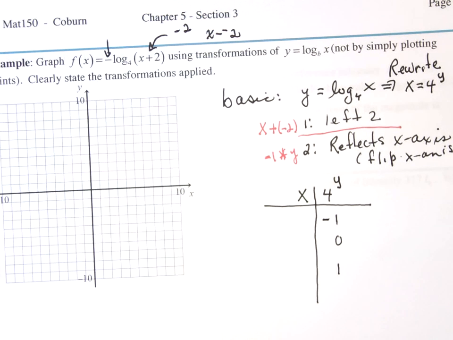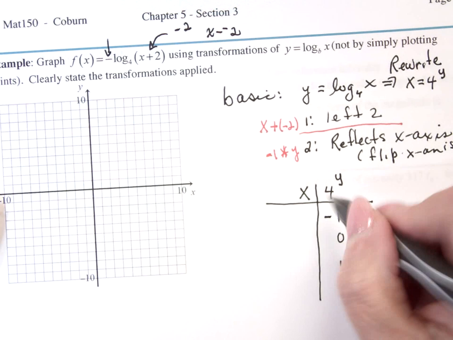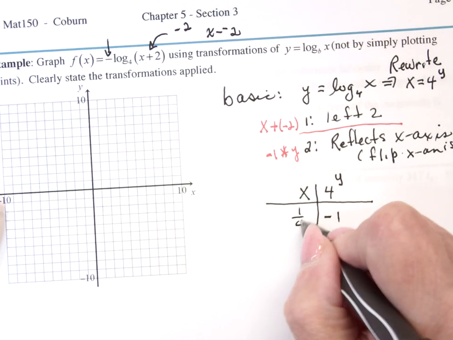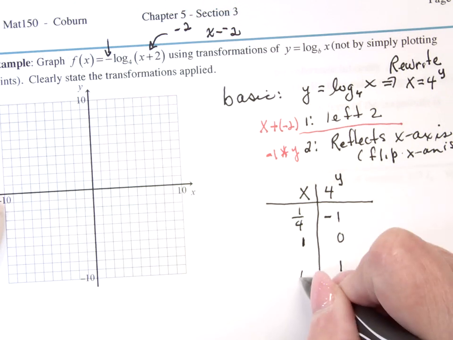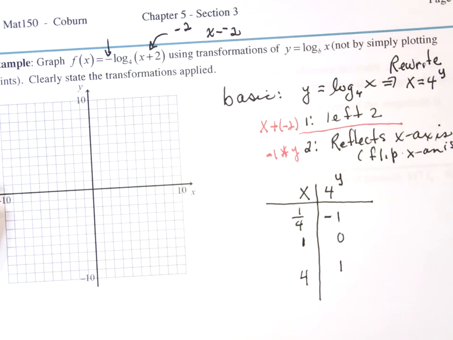The more points that you plot to try to transform, the longer it takes you to do the transformation. 3 is pretty fast. You get into 4, you start to bog down. 5, you bog down even more. Don't know why. This is 1/4. 4 to the 0 is 1. 4 to the 1 is 4. So that's that bend in the graph. I do have a VA at x equals 0.